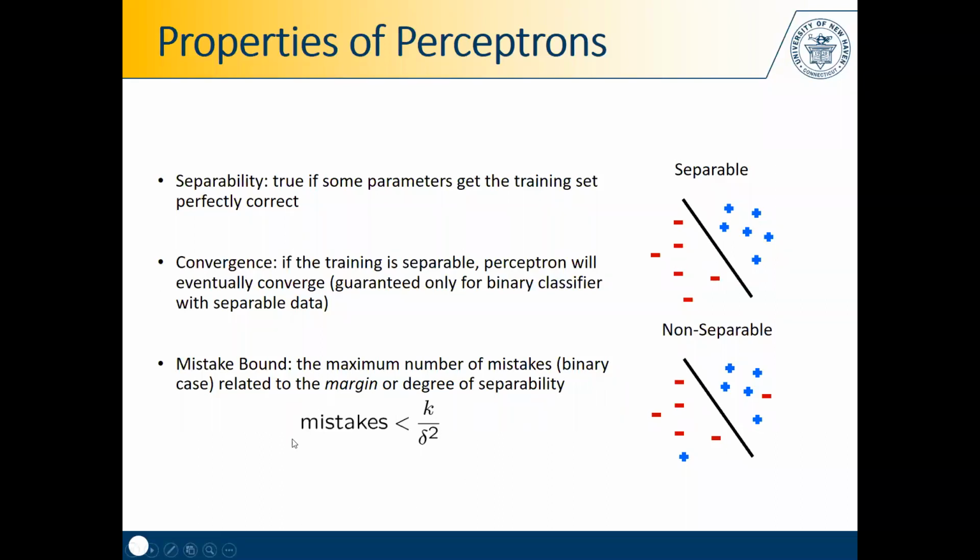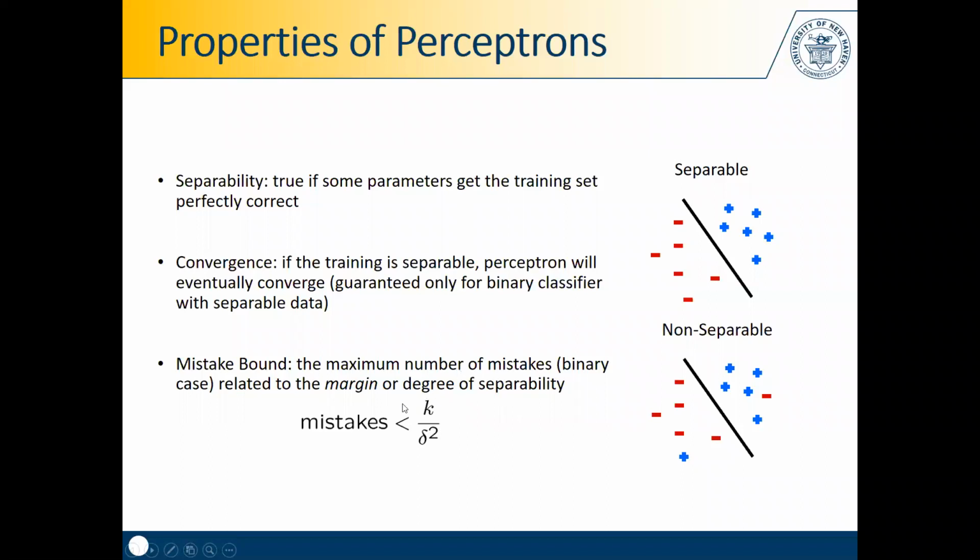So this formulation is essentially telling us that the number of mistakes, or the measure of mistakes, is upper bounded by the ratio of number of features over the square of the margin, or degree of separability. How do we interpret this?